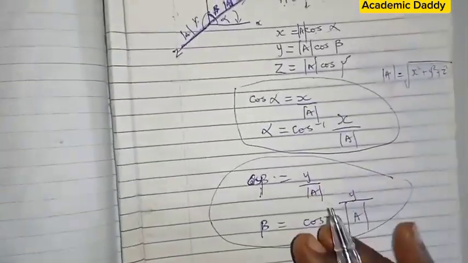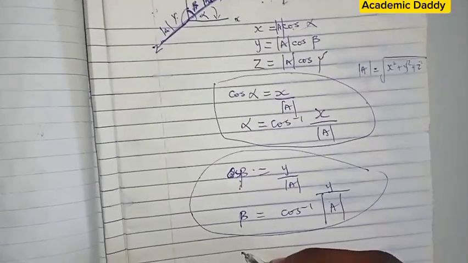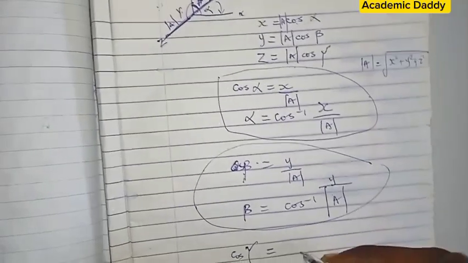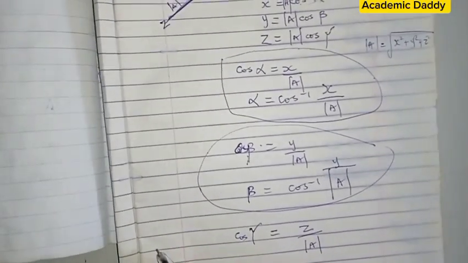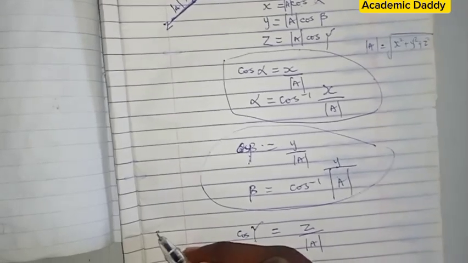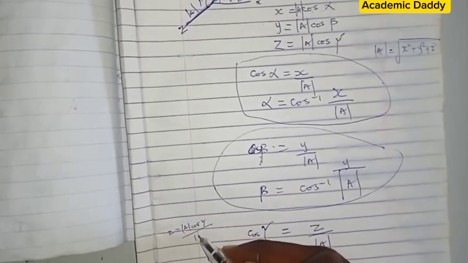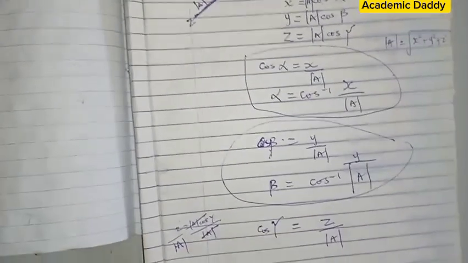So for gamma, the question said show the direction cosines. Direction is simply the same thing as saying the angle. So for gamma, I will have cos gamma is equals to z over magnitude A. If I have, for example, z equals to A magnitude cos gamma, we'll say divide both sides by A. That is how we get it.